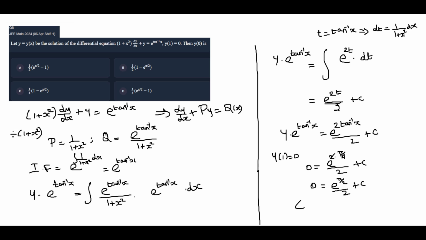So the c value is minus e power pi by 2 by 2, minus of e power pi by 2 by 2.